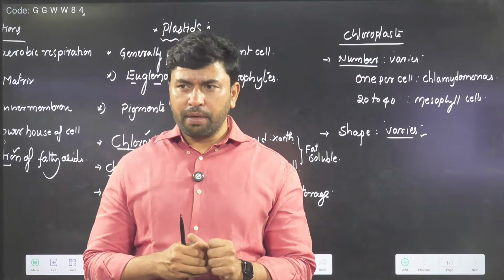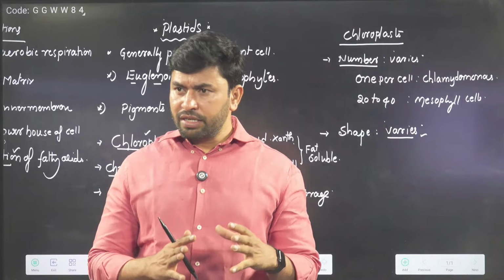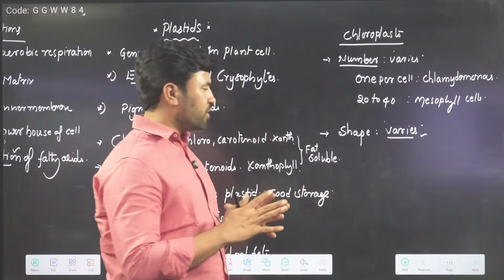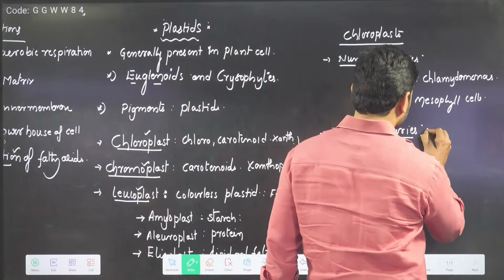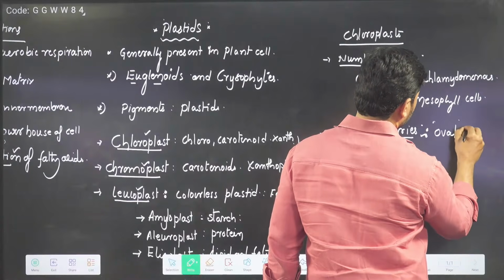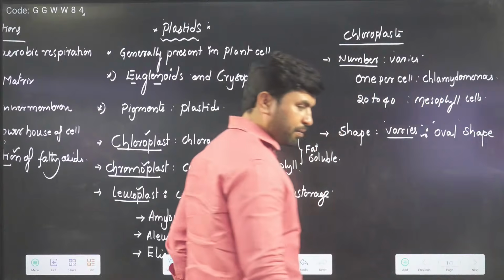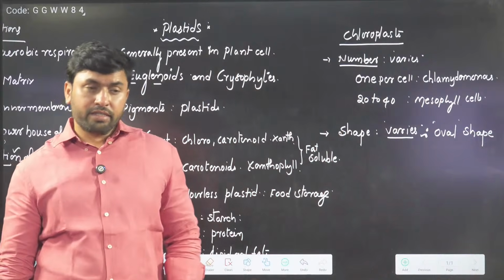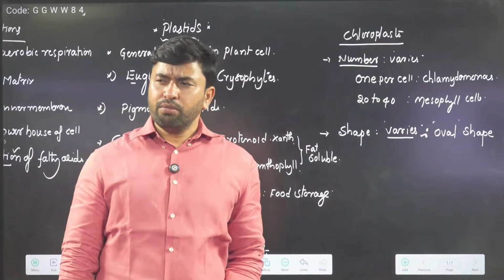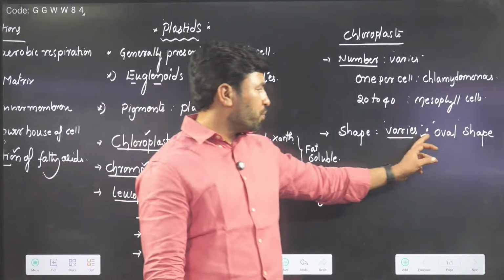It doesn't mean that plants do not change shapes. In plant cells also they change shapes. Most commonly visible shape is oval. Some may be ribbon like, some reticulate, some cup like. Various shapes are there, but since we are talking here about higher plant cells, their shape is most commonly oval.